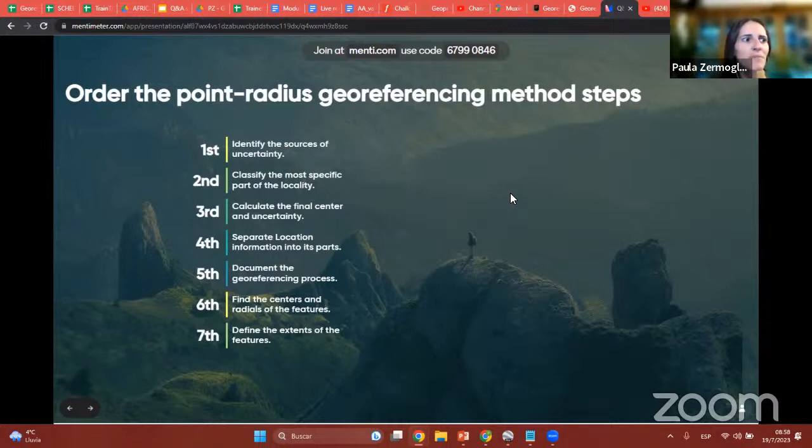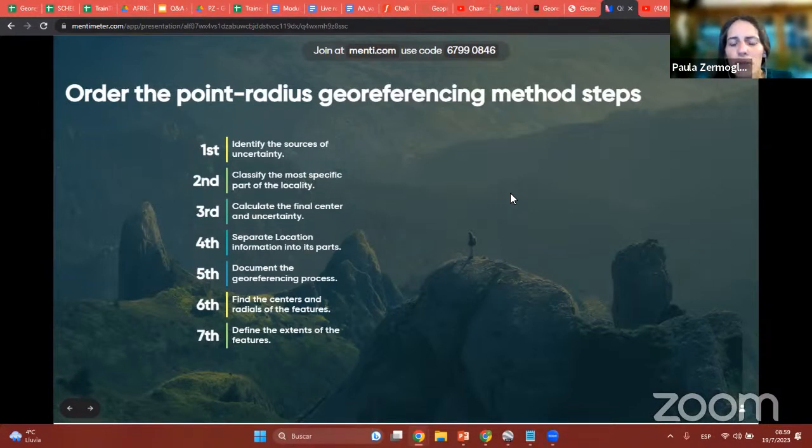Some started looking for the information on a map, some started looking at what was written. It was very different approaches. And so having these steps more or less ordered in our heads helps us to do it more consistently and to not have to spend so much time going around, sometimes in circles.